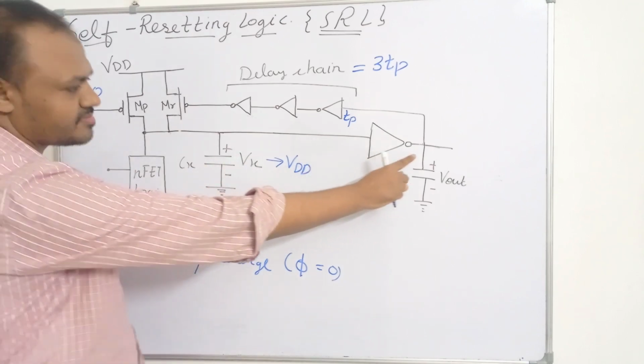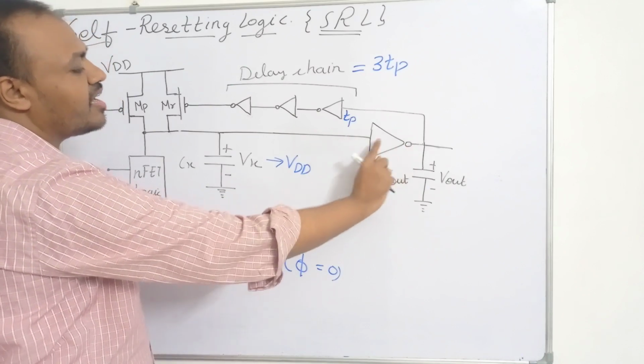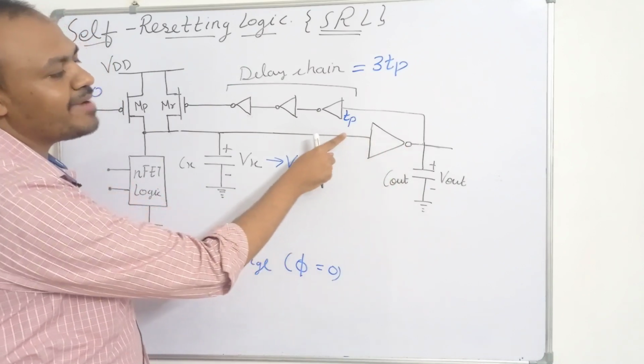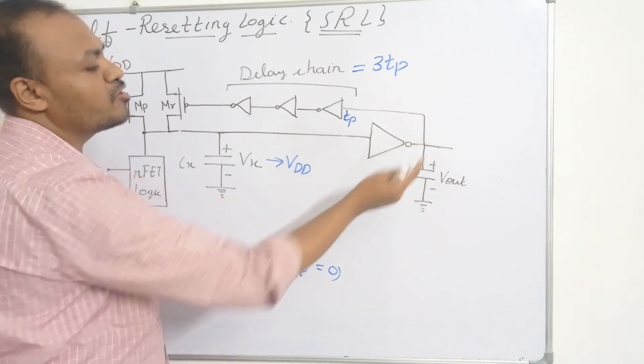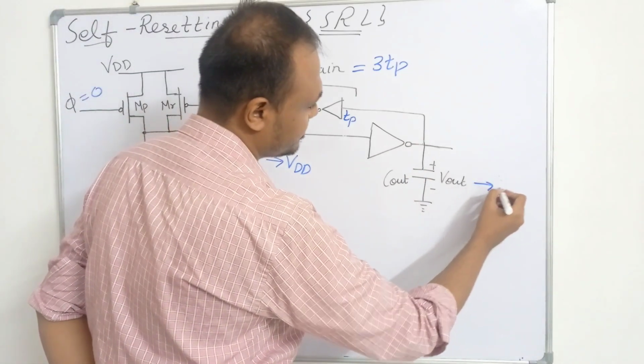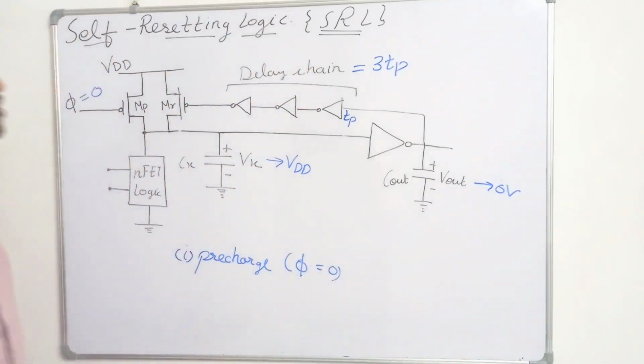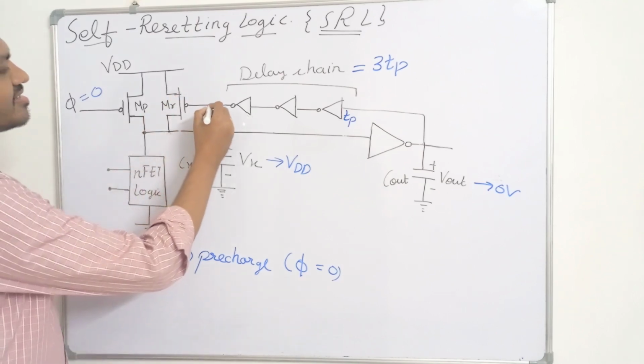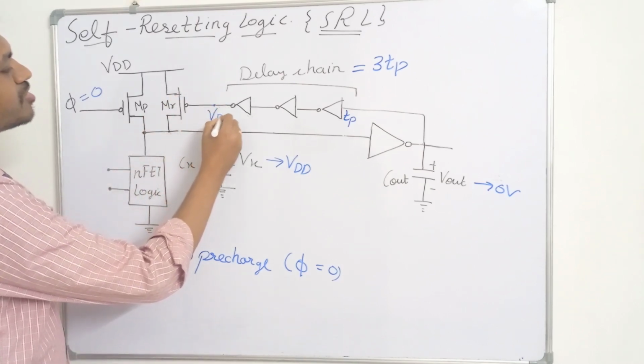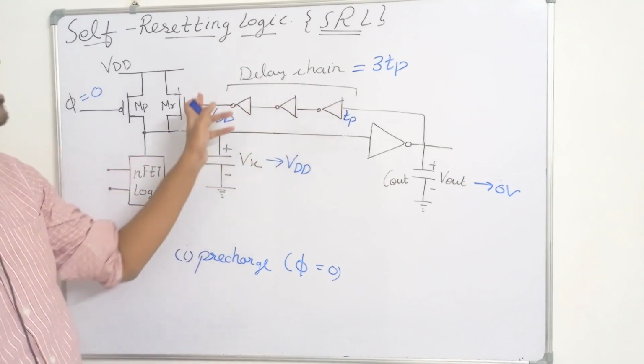VDD is applied to this inverter, so Vout will be 0 volt. In the pre-charge, Vout will be 0 volt. This output will be VDD because there are 3 inverters connected.